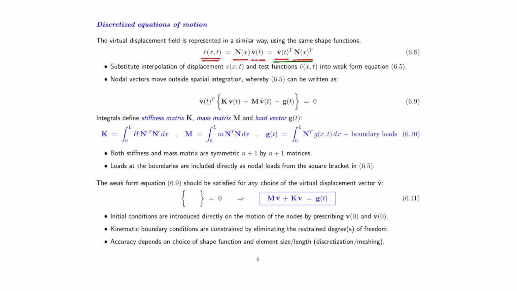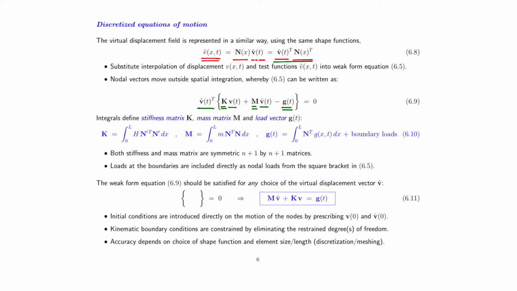If we do so, then we can take the v tilde function outside the integrals on the left hand side, and on the right hand side we can take the actual displacements outside the integral, and what is left inside the integral we refer to as the stiffness matrix and the mass matrix.